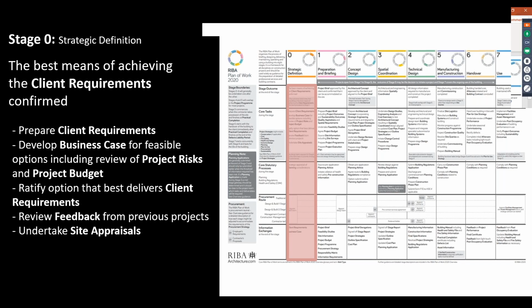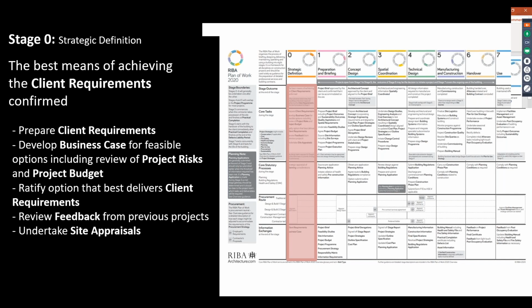So really stage 0 is teasing out what the client is trying to do and what the options are for doing that. If the option is not a building project, then obviously the project in terms of a building project would cease at the end of stage 0. But if a building project is the best way forward, then we would roll into stage 1, where a more comprehensive brief would take place.